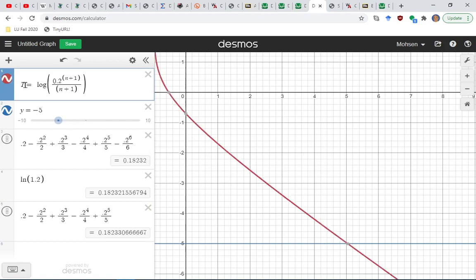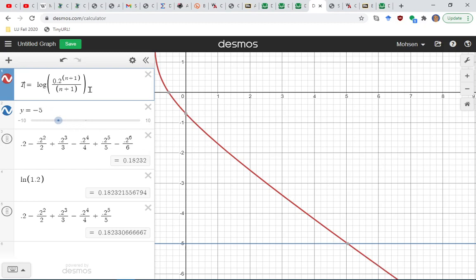So we took a logarithm of that. That's how it looks. The logarithm of that expression in terms of n. This is a whole number n here. It can be 0, 1, 2, 3, 4, 5, but the calculator graphs it for all values of n.